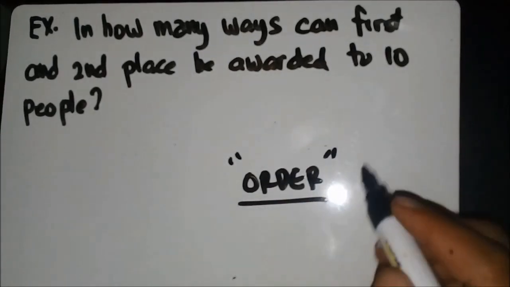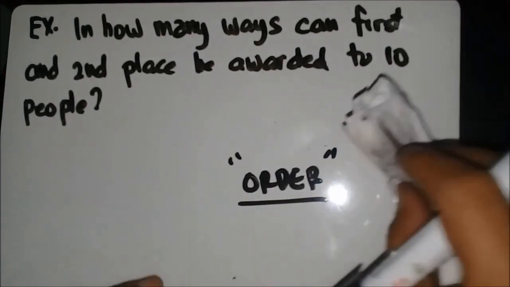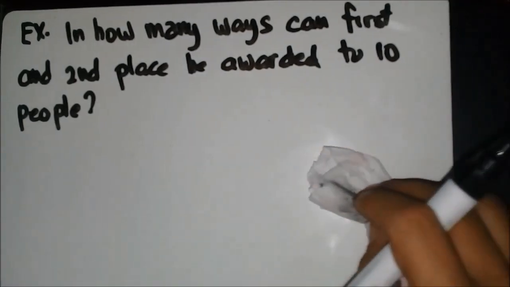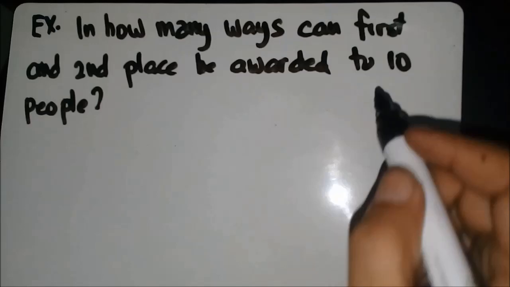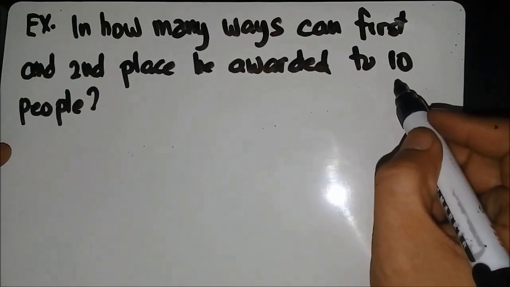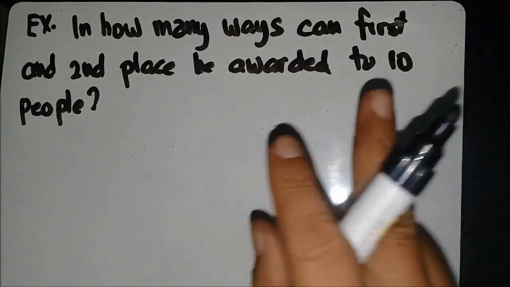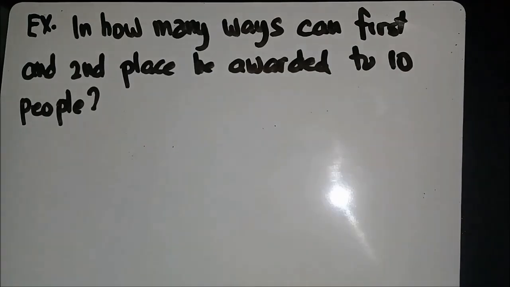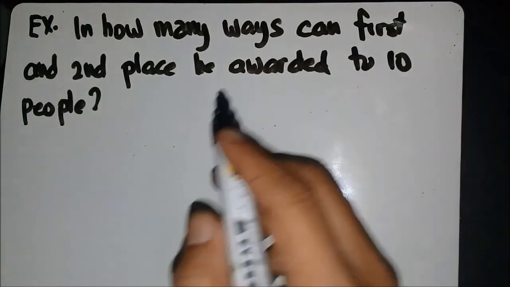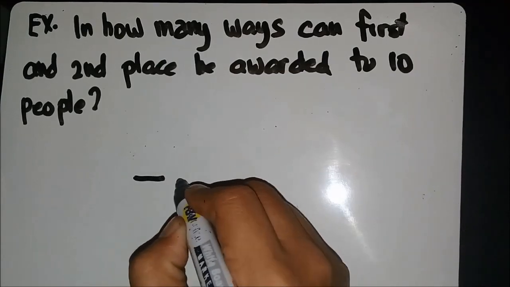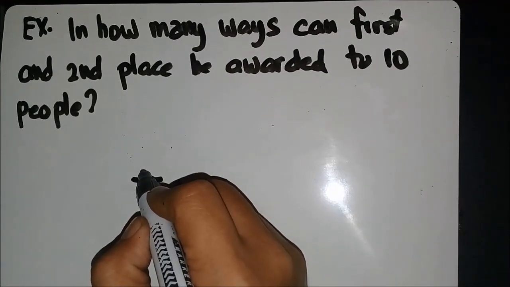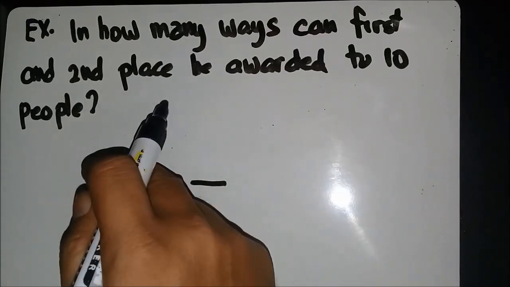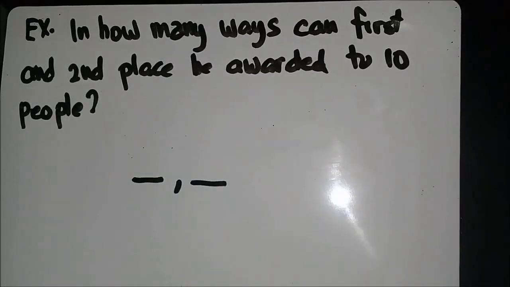If order is not important, then it is a combination. Now in this case, we have 10 people, and we are going to choose first and second place. If we award, for example, you have 2 slots here, if we award the first place here, first place can never be second place, therefore order is important.